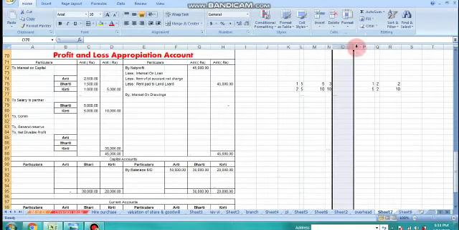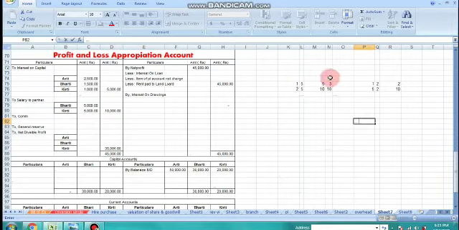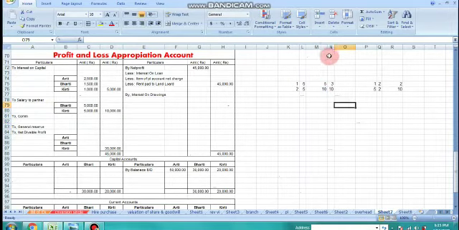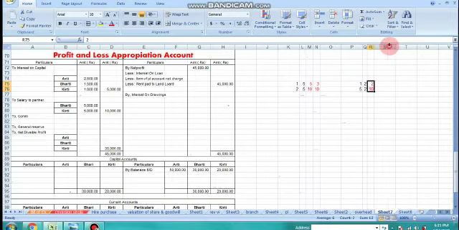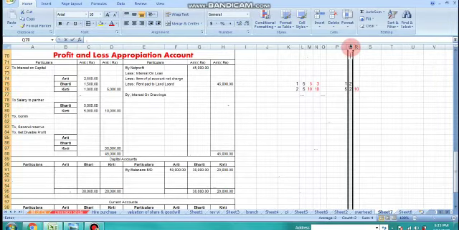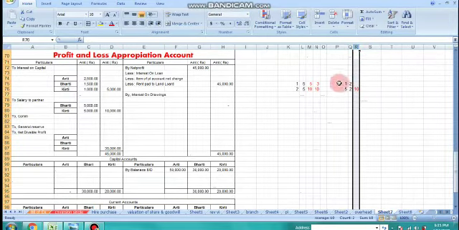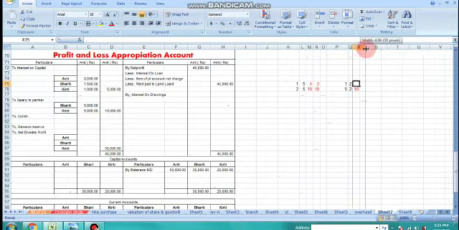So our ratio is 5/10, this is 3/10, and this is 2/10. So the ratio is 5:3:2.